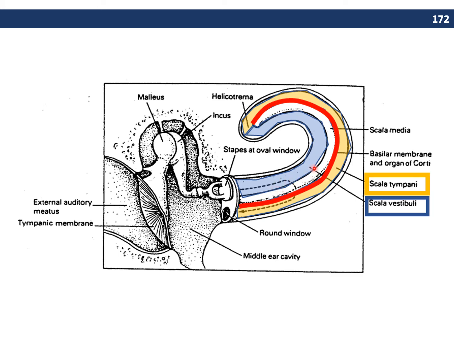And particularly the deflection of the basilar membrane changes the nerve impulse, and that then gets transmitted to the cochlear part of the vestibulocochlear nerve. Notice that the scala vestibuli and the scala tympani meet at the apex, and the apex is called the helicotrema. I forgot to say that part.